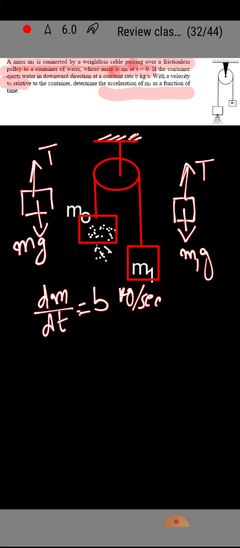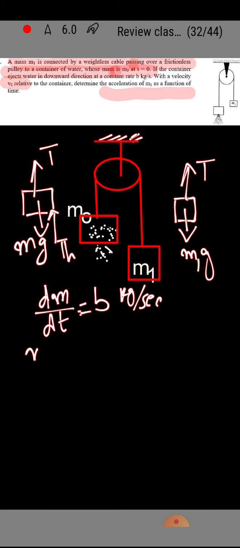But as the liquid is going out, it will exert another force called the thrust, and it is coming out with some relative velocity. The thrust I give the name Th. We have to calculate the thrust and the mass.